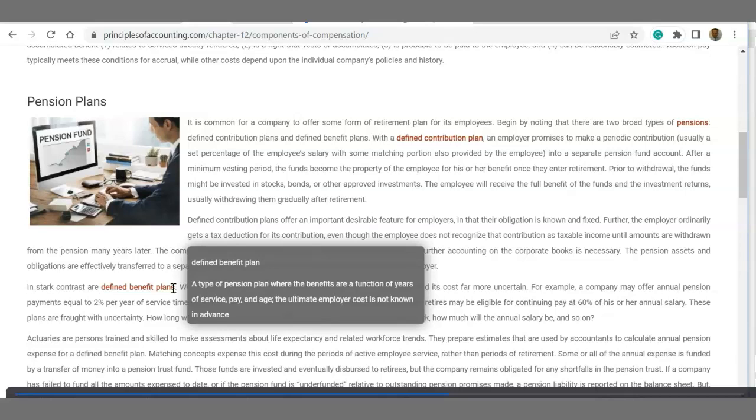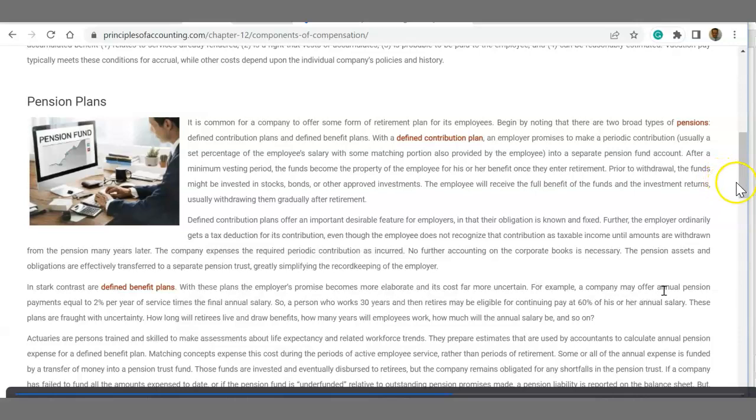That means a type of pension plan where the benefits are a function of years of service, pay, and age. The ultimate employer cost is not known in advance, but the benefit is very good for employees because they can easily estimate what type of benefit they might have.